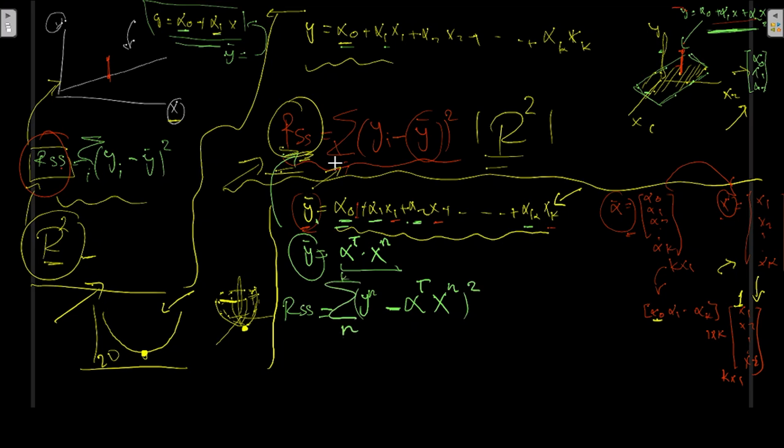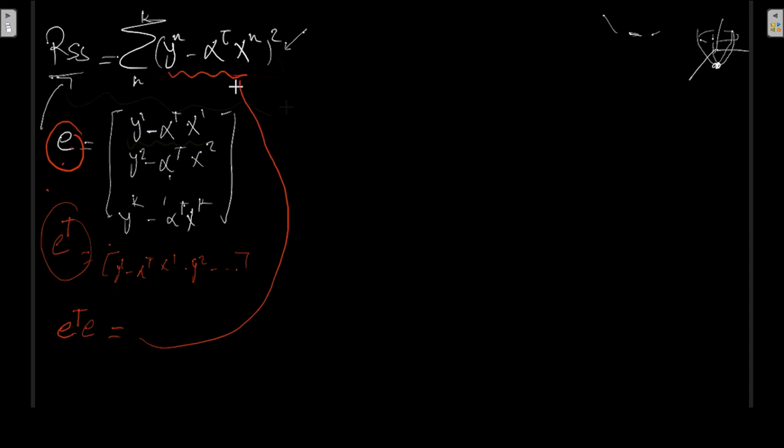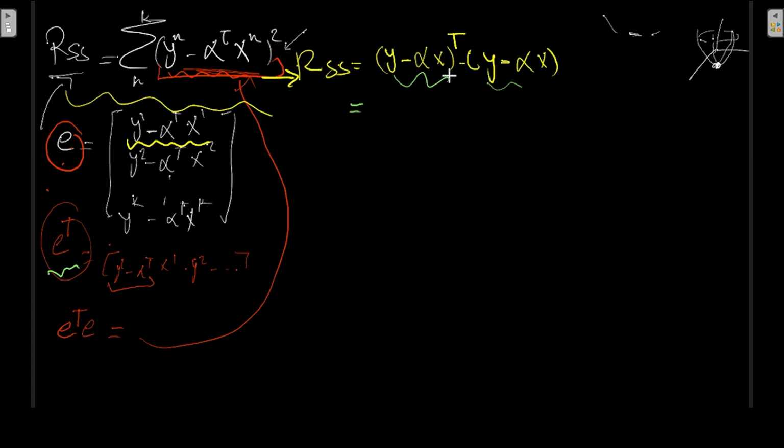So what we did was transform this RSS into a matrix form. I just expanded that summation in the form of a matrix. But we need the square term. E transpose E, you're going to end up with exactly this term. So I could rewrite the RSS. It's easy now to take this one for derivative purposes. But before that, let's expand a little bit.